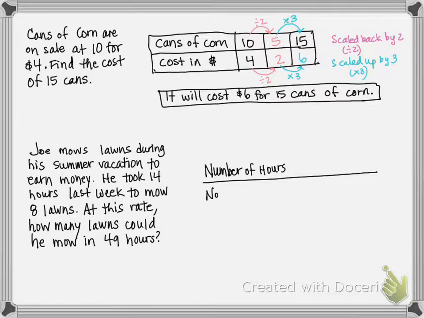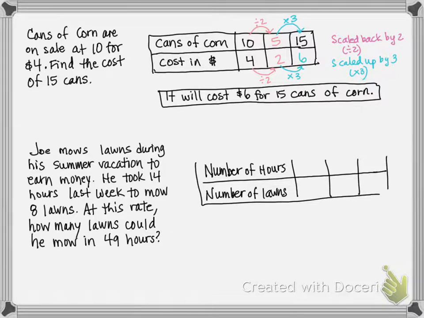Number of hours versus number of lawns. Okay, and then we look, he took 14 hours, so that's given, and to mow 8 lawns. Then it says, how many lawns could he mow in 49 hours?